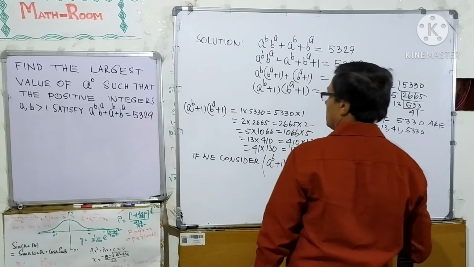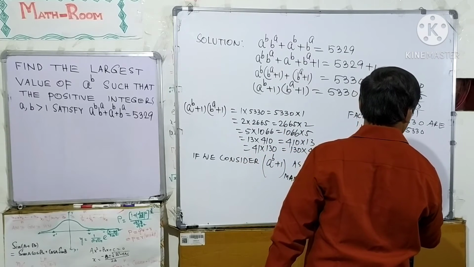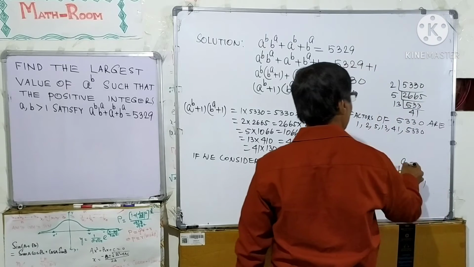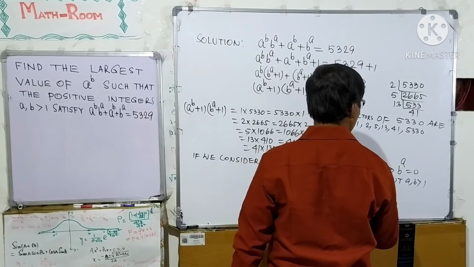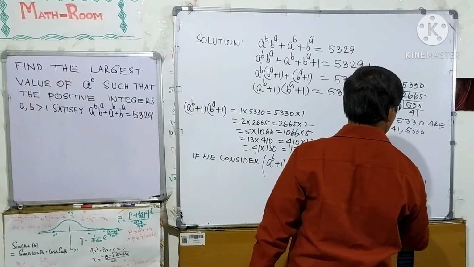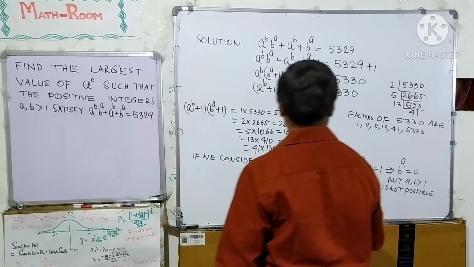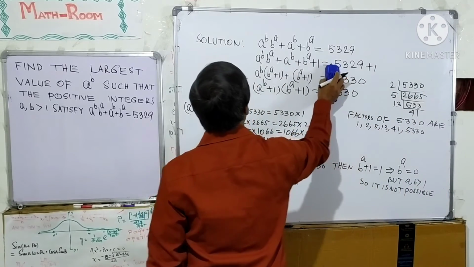But a, b are greater than 1, so it is not possible.